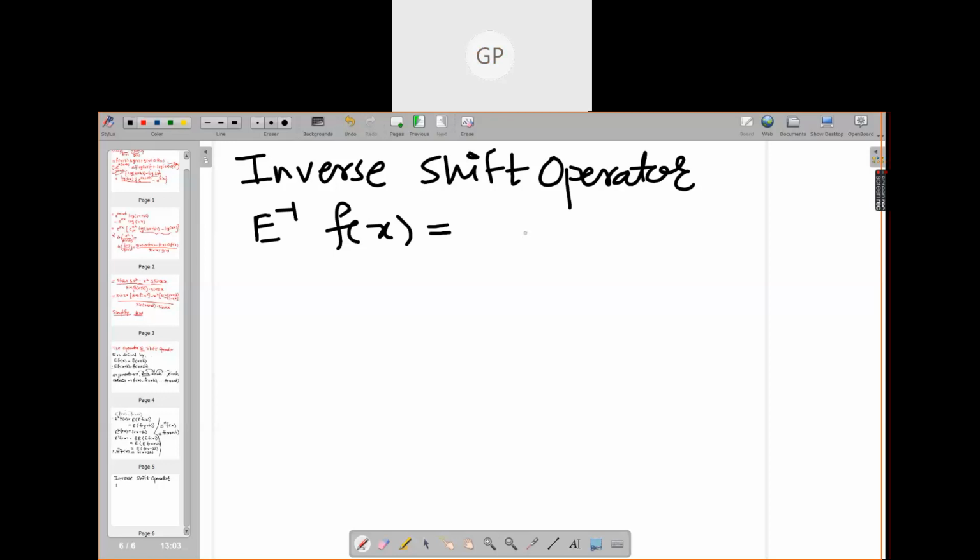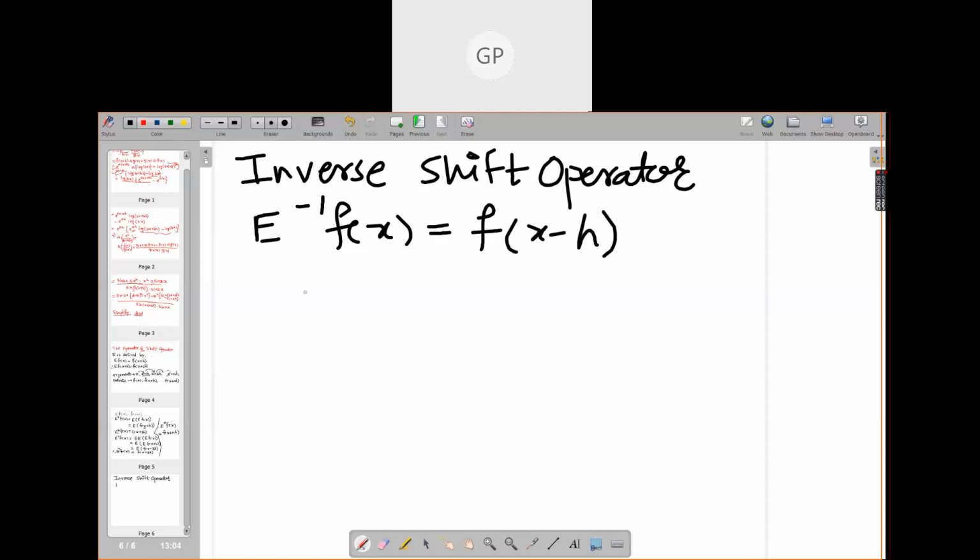It is just about notation. It's not the mathematical meaning of inverse we are taking. E raised to minus 1 f(x) means you go backwards. It is f of x minus h.